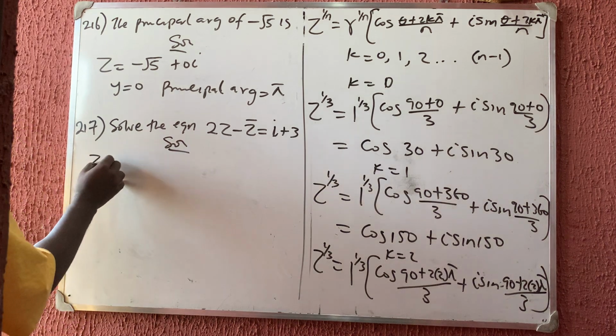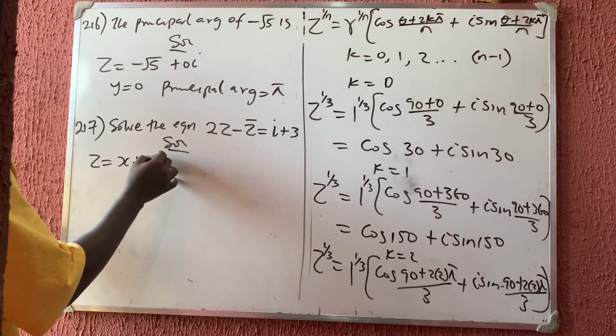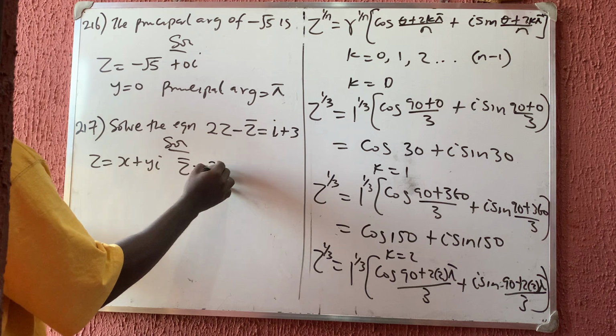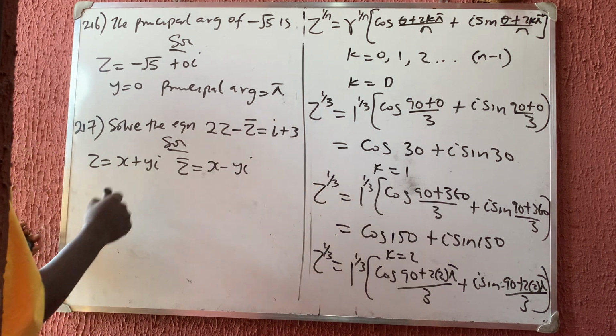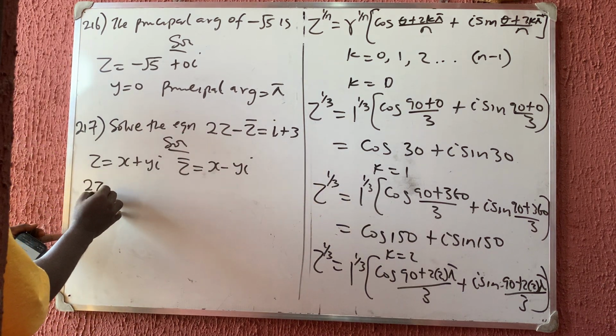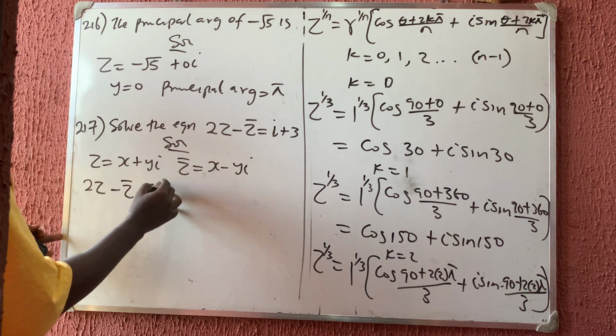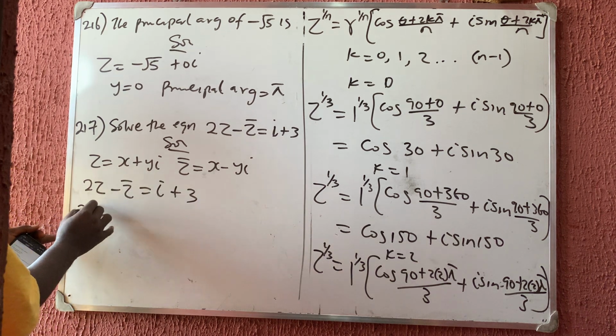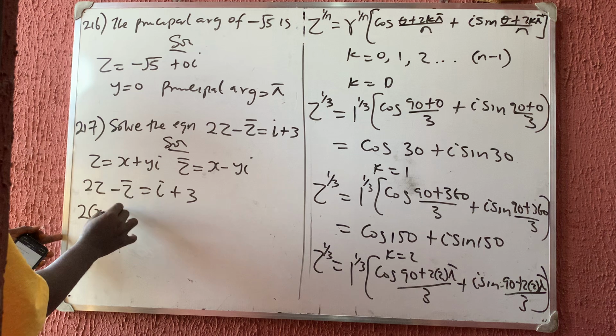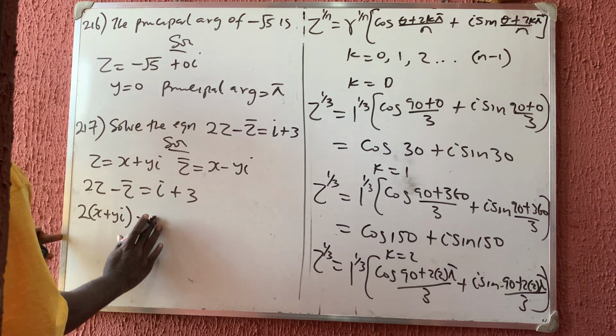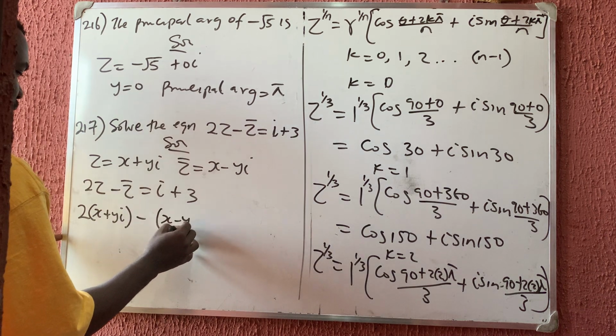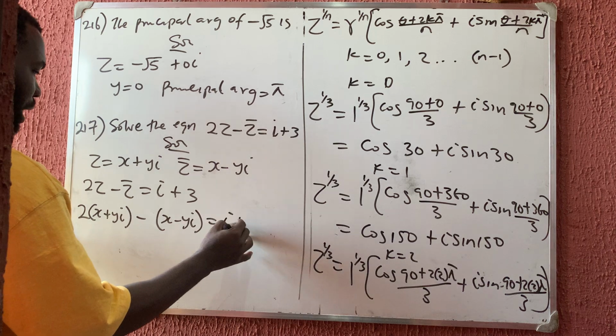I know that my z is equal to x plus yi and my z bar is equal to x minus yi. So put it here. I have that 2z minus z bar is equal to I plus 3. So 2 into x plus yi minus x minus yi is equal to I plus 3.